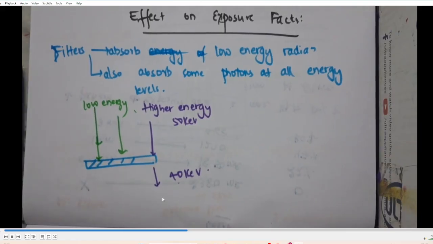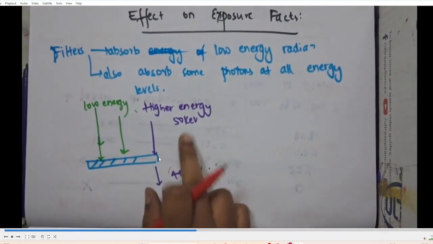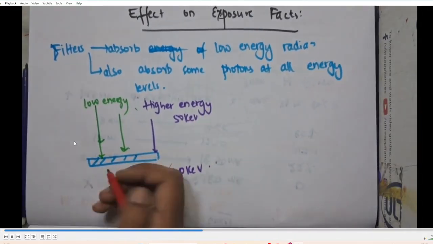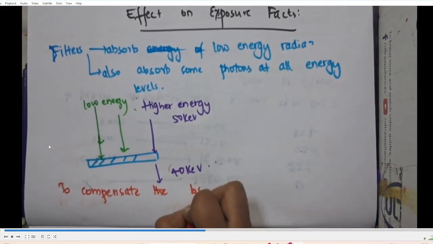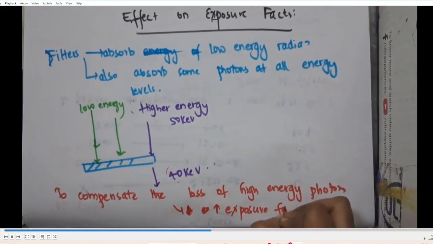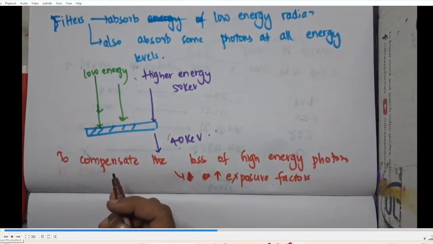To compensate for the loss of high energy photons by filters, we have to increase the exposure factors, that is, milliampere second should be increased.